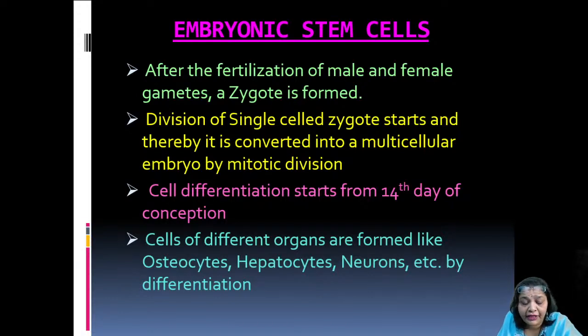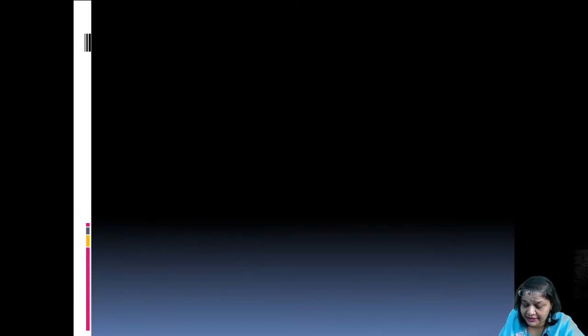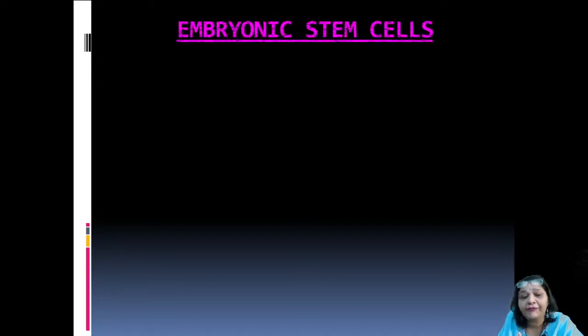They get differentiated into osteocytes, that is the bone cells, the hepatocytes, like the liver cells, the neurons, the adipose tissues, the connective tissues, and different types of epithelial tissues by the process of differentiation, redifferentiation and dedifferentiation.